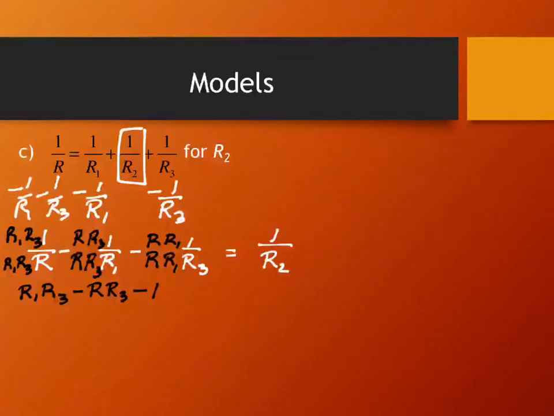And then the third numerator is R, R1. And then the denominator that matches across all three of them is R, R1, R3, in whatever order you like. It doesn't matter what order that denominator is, but it'll have those three components. And the right-hand side, which I didn't manipulate at all, is 1 over R2.